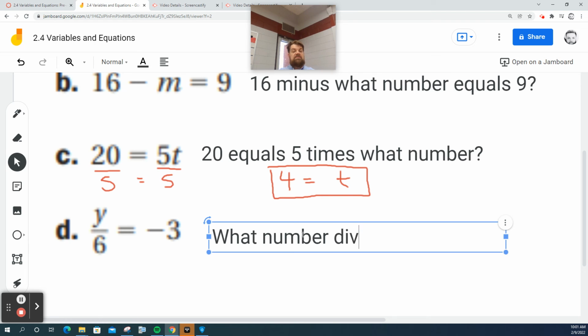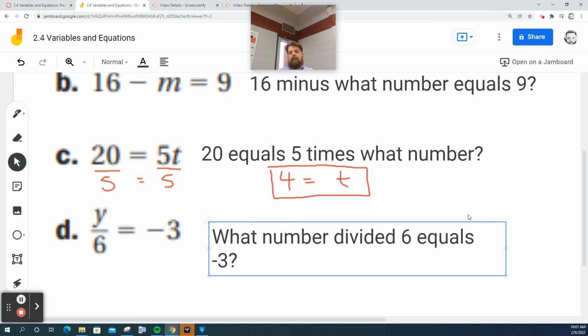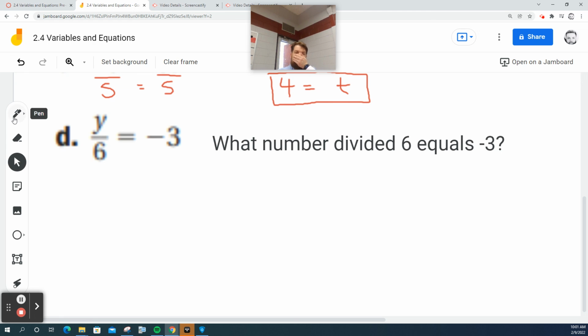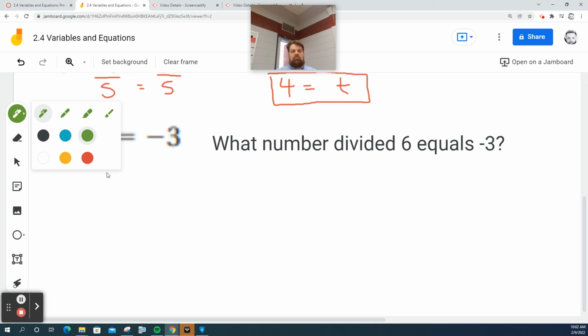Well, how about this? Divided by 6 equals negative 3. All right, let's do this one. Oh, I'm getting tired. We just started. All right, here we go.